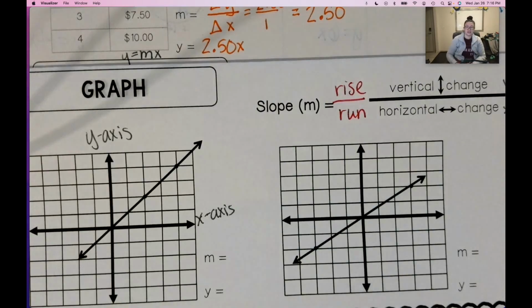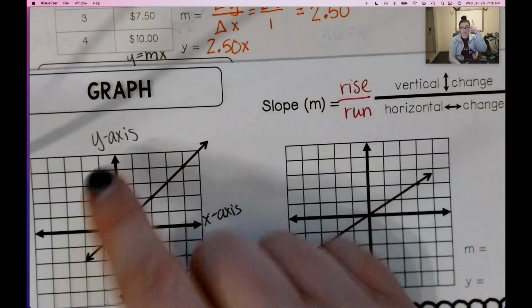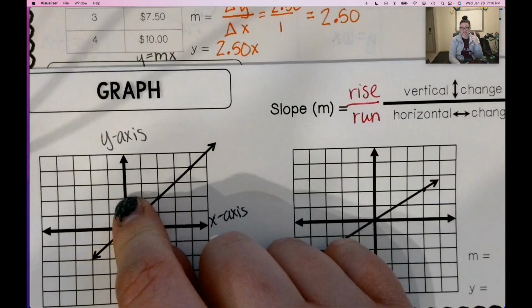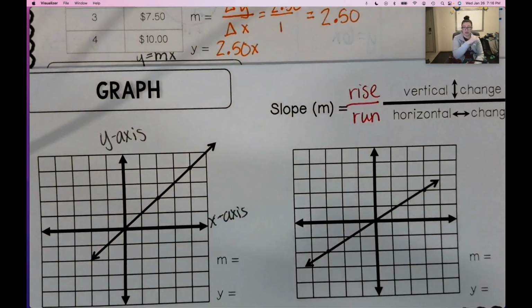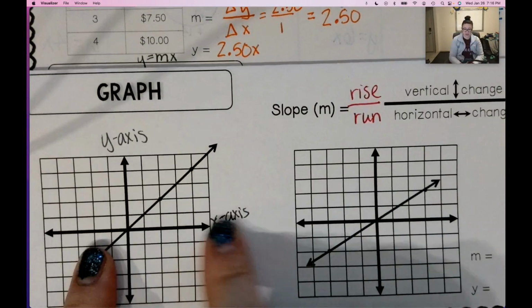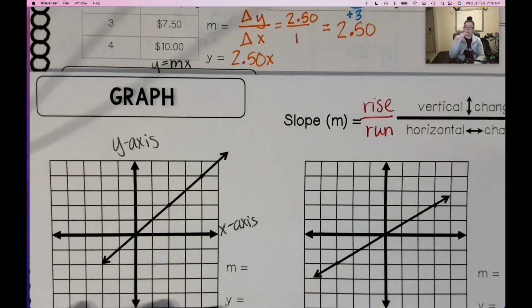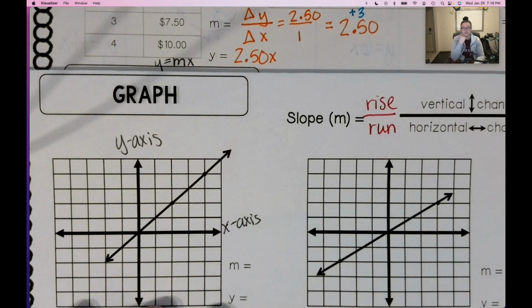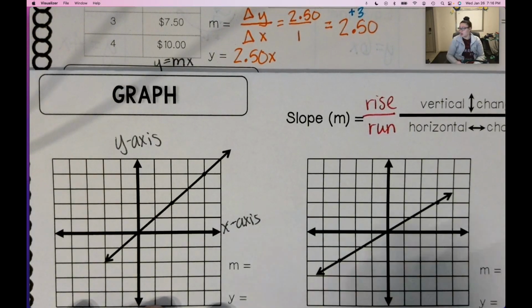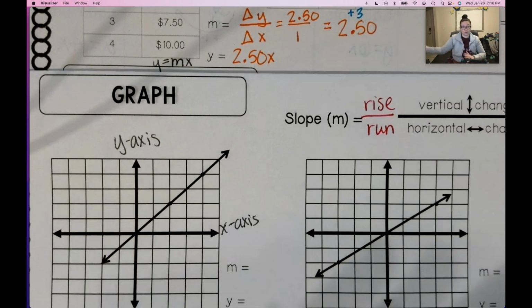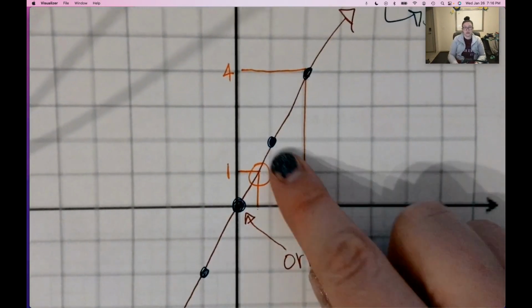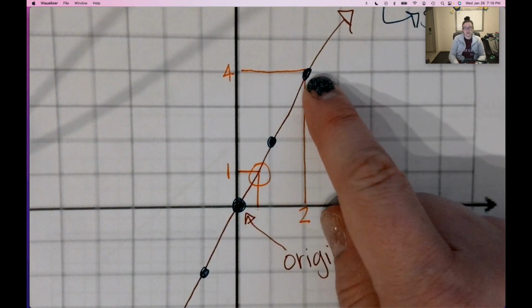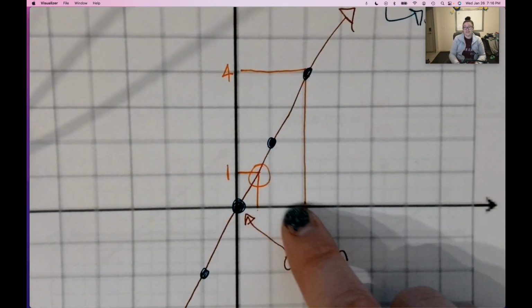To the side. So we're seeing how far we go up and how far we go over. We want our rise and our run between those points I was talking about earlier, those pretty points, those corner points.